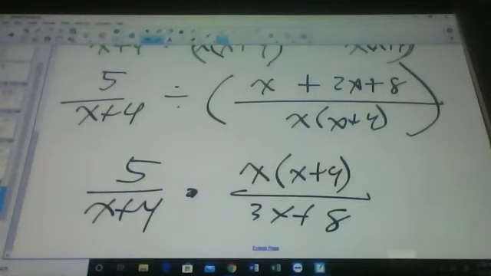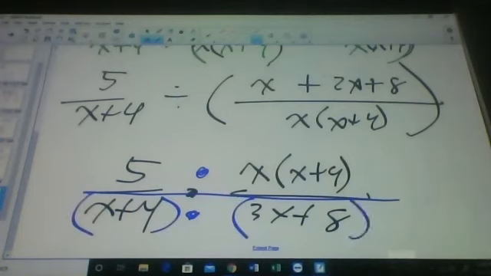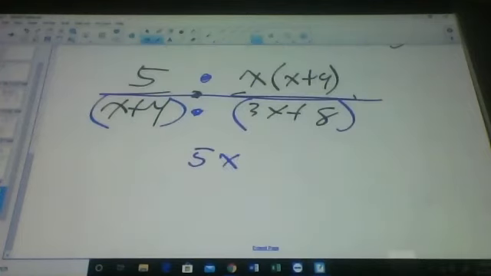So now I'm multiplying, right? And I multiply numerator to numerator, denominator to denominator. So they just stay with themselves here. So I have 5x times x plus 4.